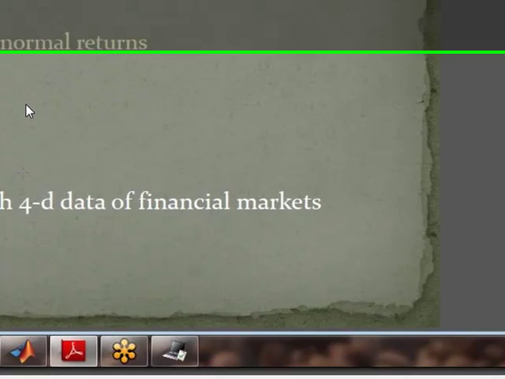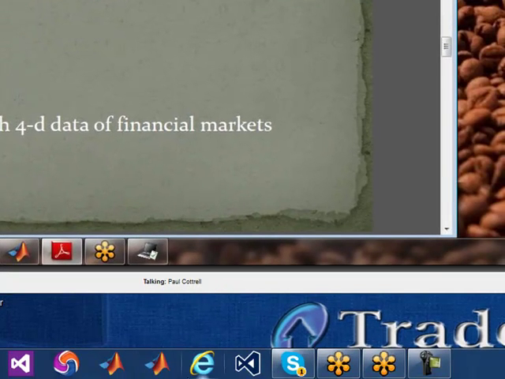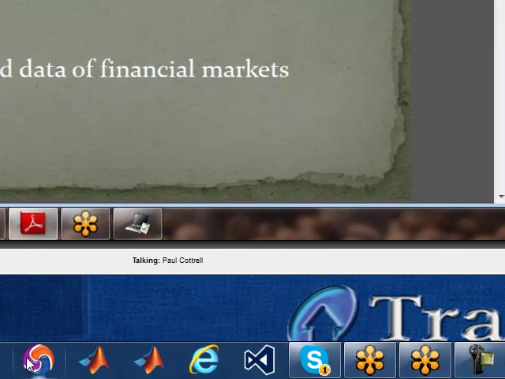Well, I like to look at things in 3D. That's just the way I like to work. One way, and it's the way that I showed in the previous webinar, it was a volatility metric, usually either of returns, normal returns or log returns, and then a correlation to something.